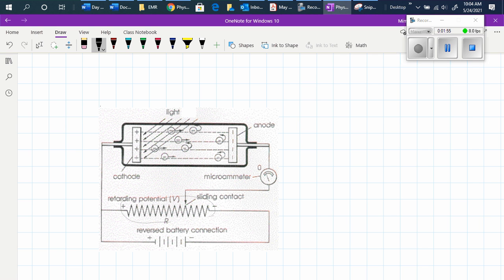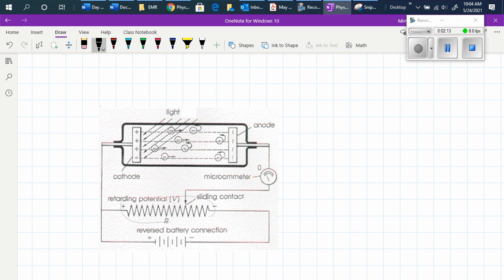So now, Millikan could make the other electrode so negative that it would repel the photoelectrons and prevent them from reaching the other plate.